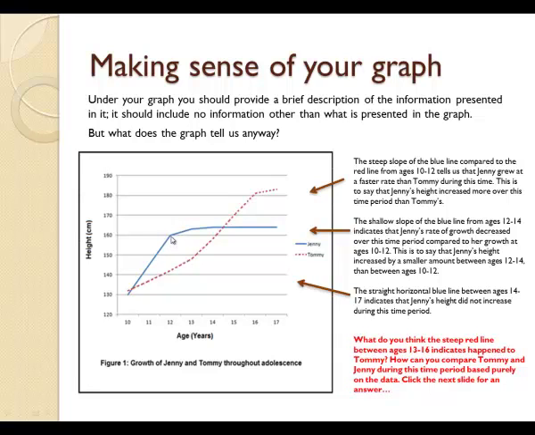As you can see here, after age 12, she still increased in height between ages 12 to 13, but at not quite as steep a slope. This is to say that she did grow in height, but at a slower rate. Finally, between ages 14 to 17, we have this straight line. This straight line indicates that she did not grow at all.